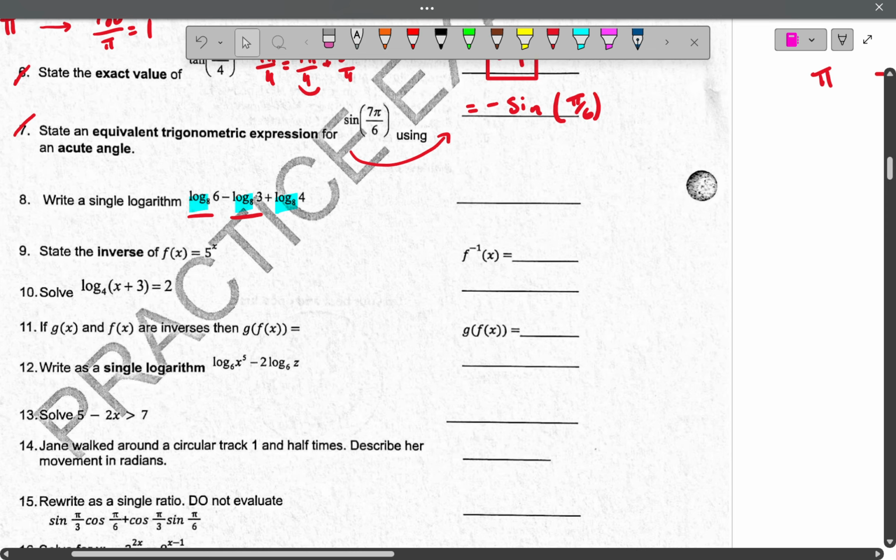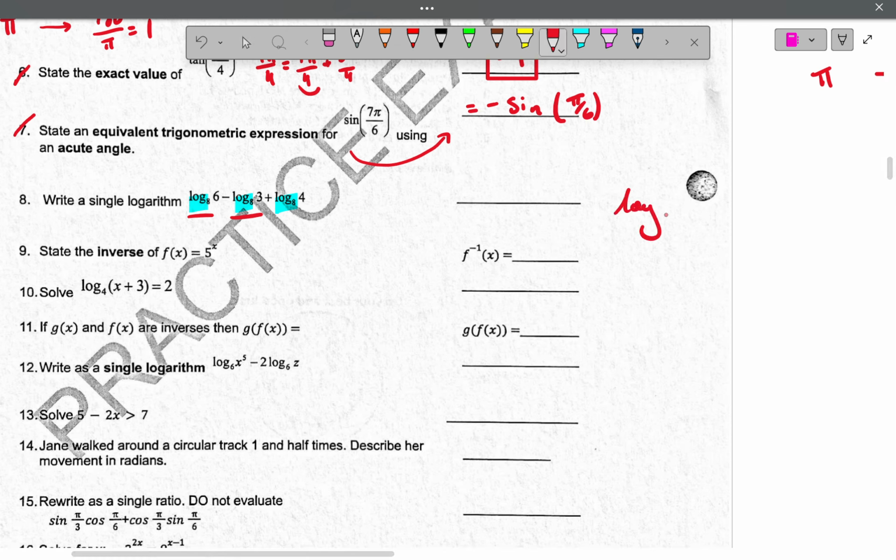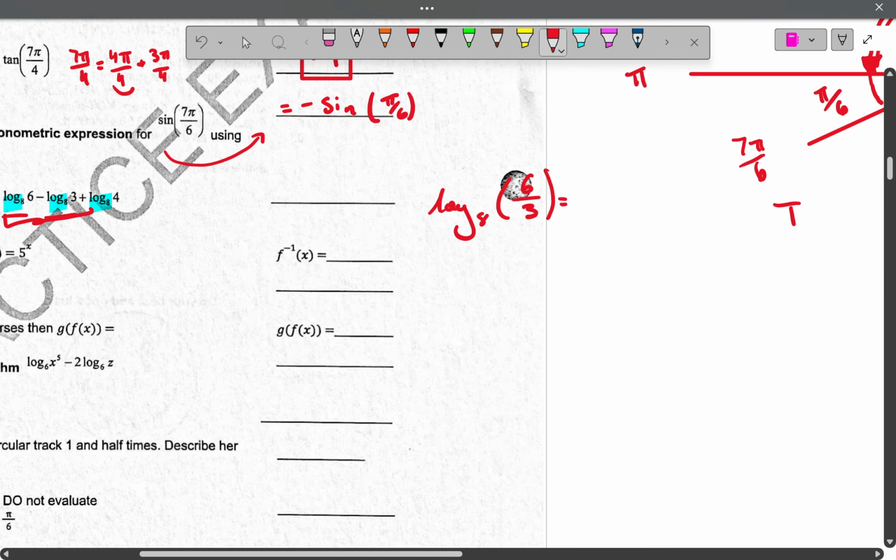So I'm going to show that first. These first two can be written as log base 8 of 6 divided by 3. And this is just 6 divided by 3, that's just 2. So these first two boil down to just log base 8 of 2.